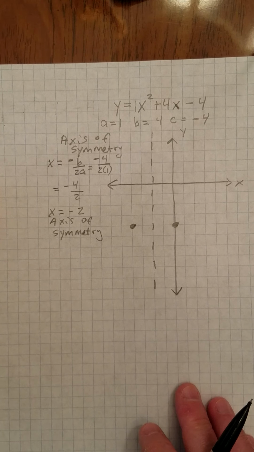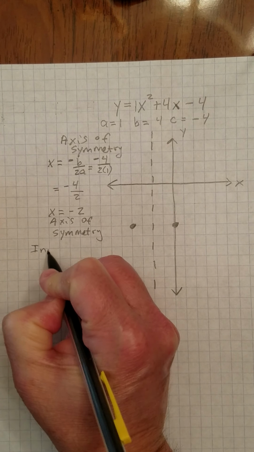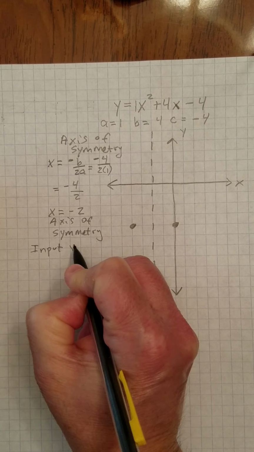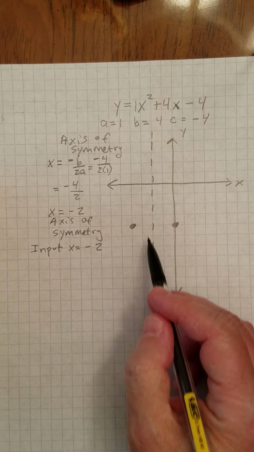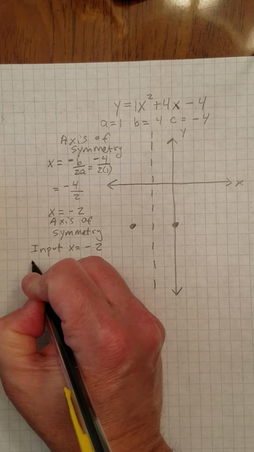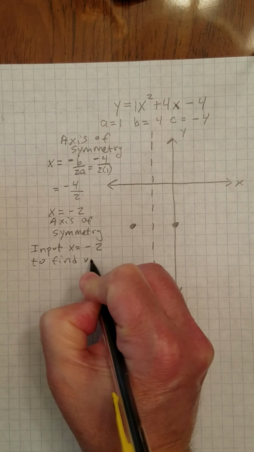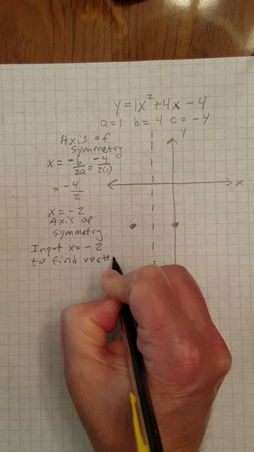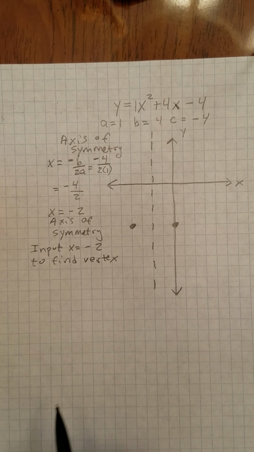But now we're going to input x equals -2, which is going to be on this line of symmetry, to find the vertex. Because remember, the line of symmetry goes through the vertex.